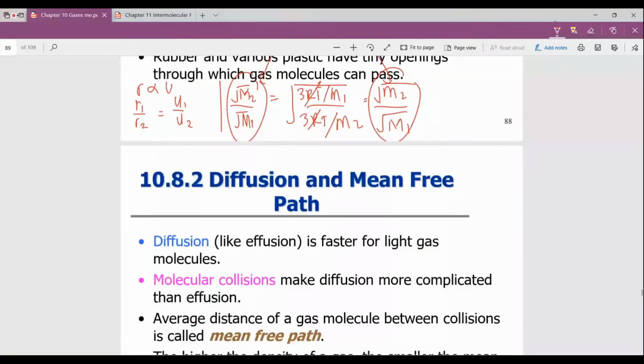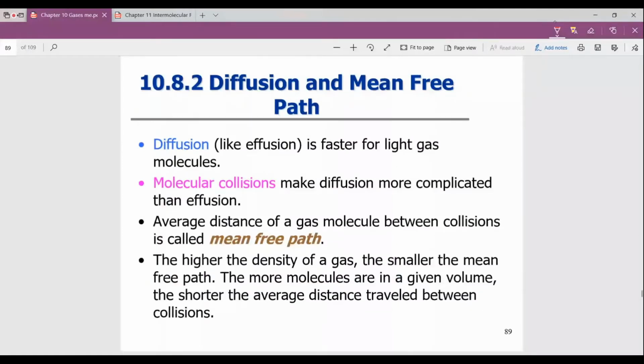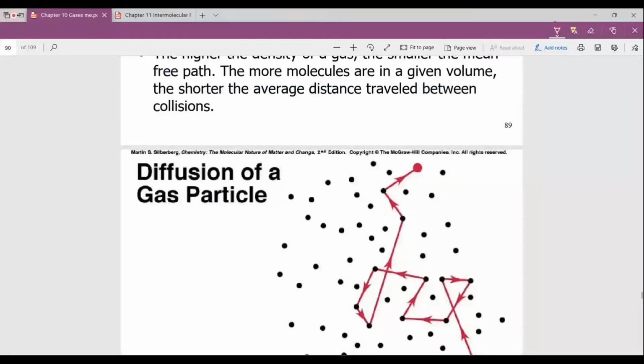Okay, now for diffusion like effusion, there is delta d, the average distance. The molecular collisions for diffusion are quite complicated, but we can observe that the average distance is equal to the mean free path (MFP). What is mean free path? Look at this picture. From this molecule to this molecule, the distance here is delta d, which we call the mean free path.